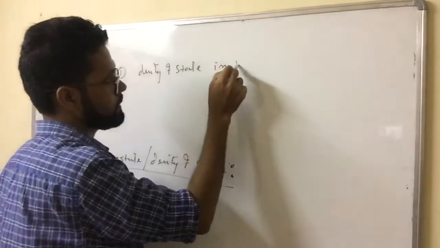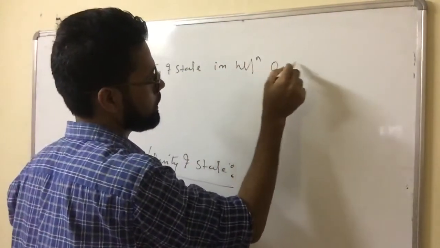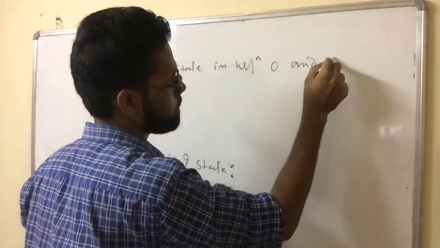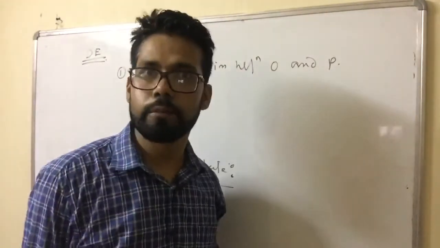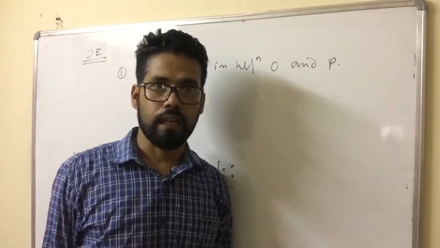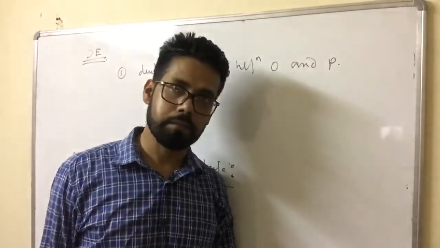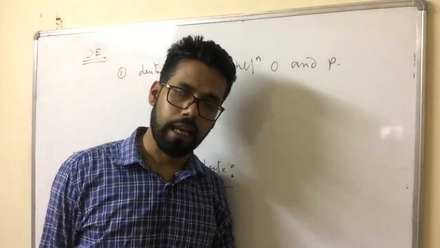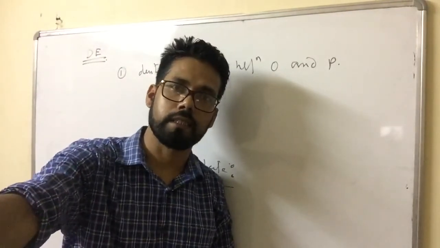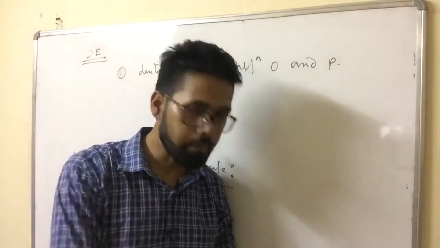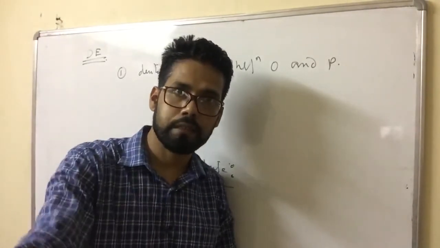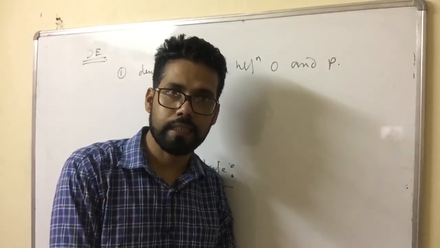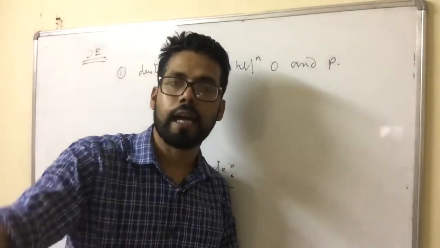First I will calculate the density of state in between 0 and momentum P. Suppose this is my room, this is the 0 axis, and suppose this is 100 meter. I will calculate the total number of vacancies available in between 0 and 100 meter.